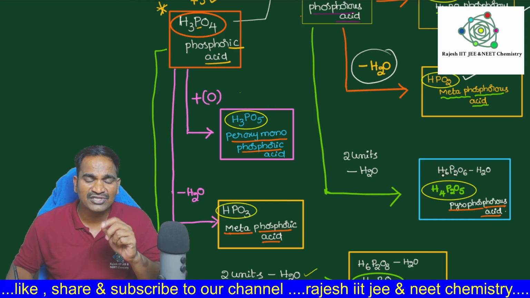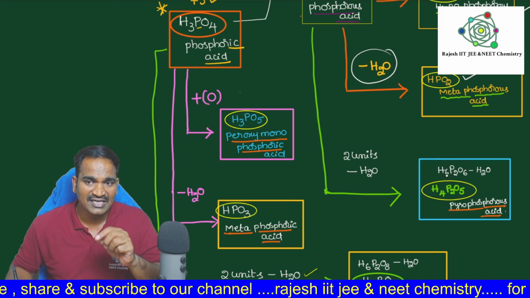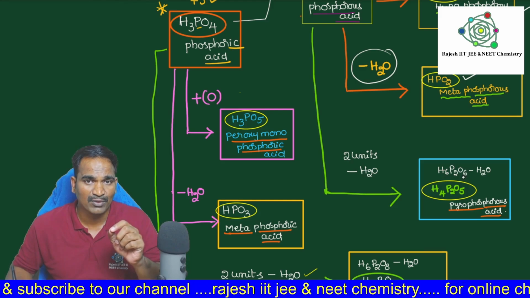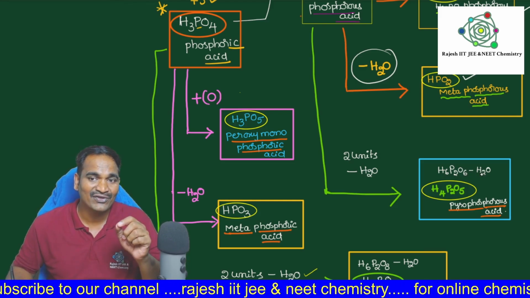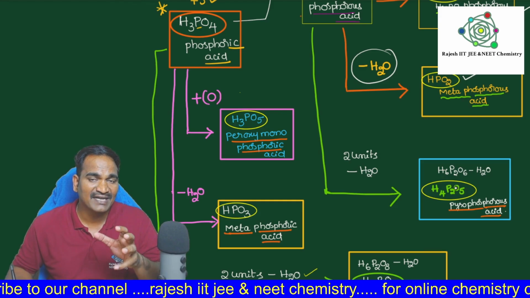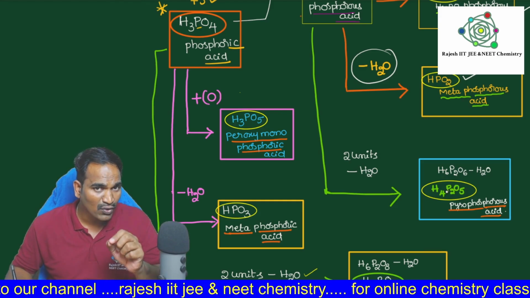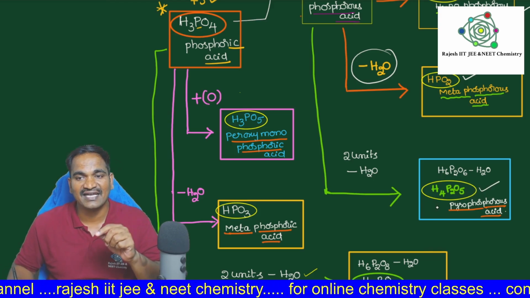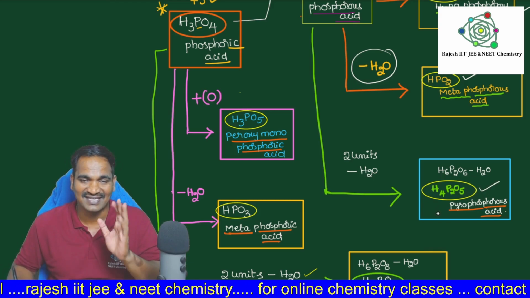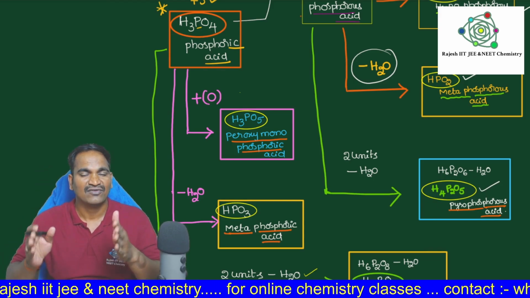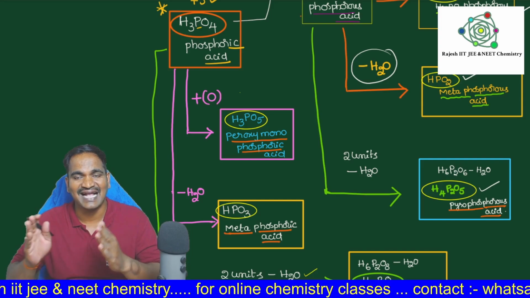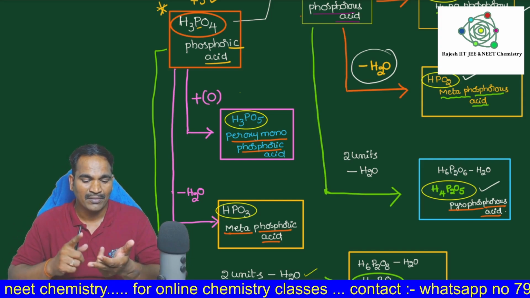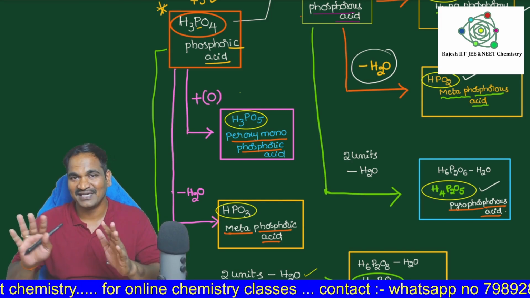So 2 units of H3PO3 is H6P2O6. From that, we have to remove one water molecule. If you remove one water molecule, it becomes H4P2O5. This we call pyrophosphorus acid. So first, we have learned completely about ous acids, different types. Ous acids: hypo, meta, pyro, completed.